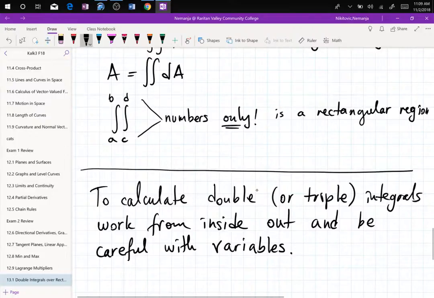The inside is either dx, that means x is the variable and y is constant, or the inside could be dy, which means y is a variable and x is a constant.